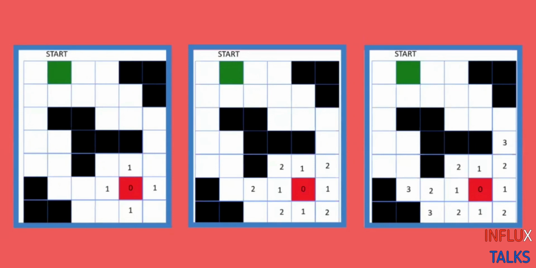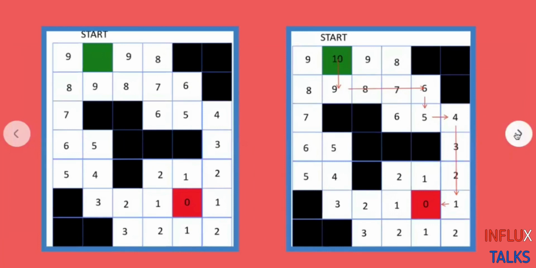In the first one, you can see the 4 squares surrounding the 0th node are marked as 1, and the nodes adjacent to the ones marked 1 are marked 1 + 1, that's 2, and the next one is marked 3, and so on. When we proceed this way, it's marked all the way till 9, with the starting node being 10. So now you can guess why it's called Grassfire: on every iteration, the marking radiates outward from the destination like a fire spreading, and hence the name.